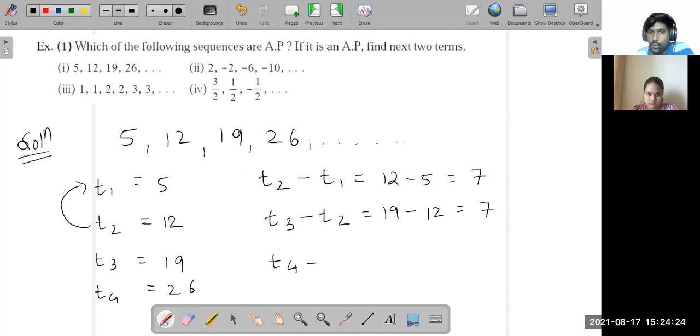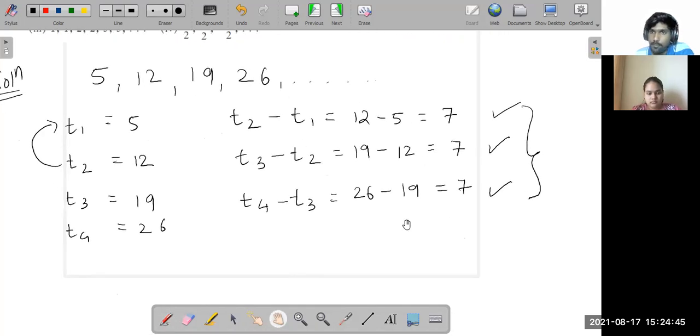Next you do T4 minus T3. T4 is 26 minus T3 is 19, which is again 7. So T2 minus T1, T3 minus T2, and T4 minus T3, all these are 7. When all of these are the same, then you can say that your sequence 5, 12, 19, 26 is in AP.